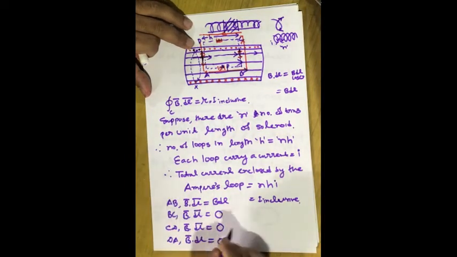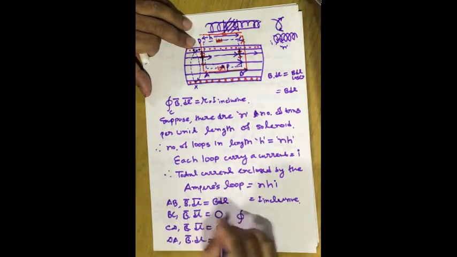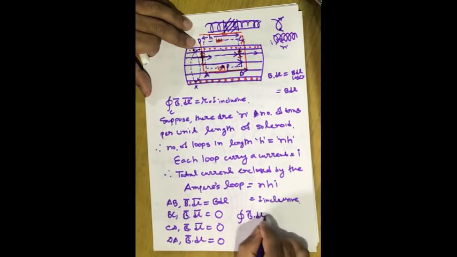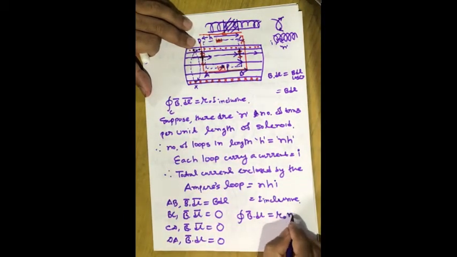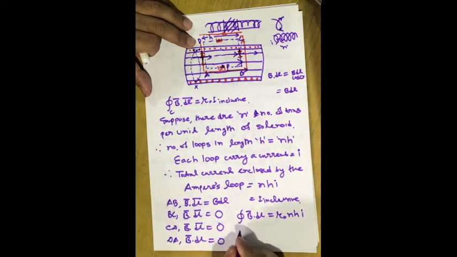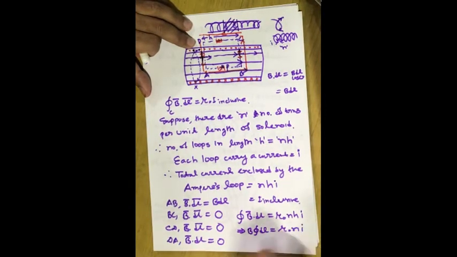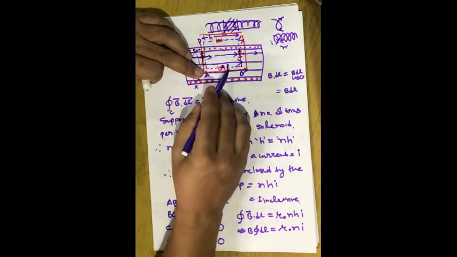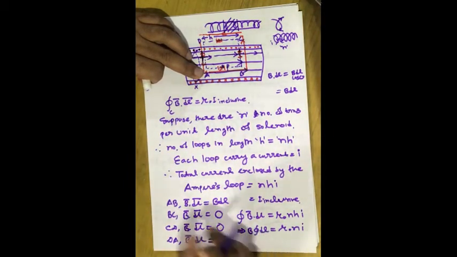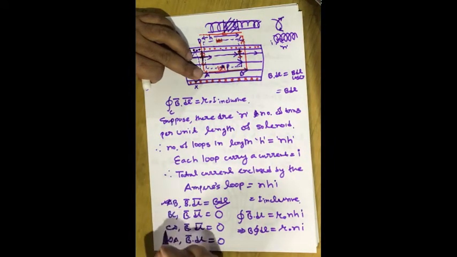Therefore we can write the closed line integration of B dot dl is equal to what we have written, mu naught n h into I. So the line integration of B dl is equal to mu naught n into I. Now you see, only the part AB will remain.